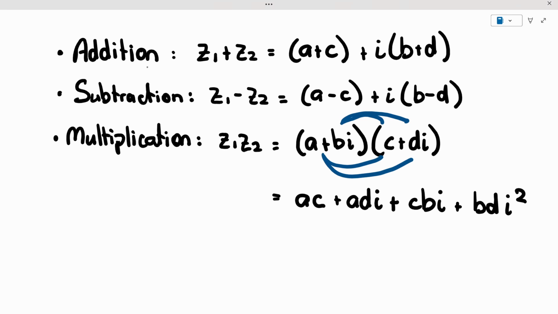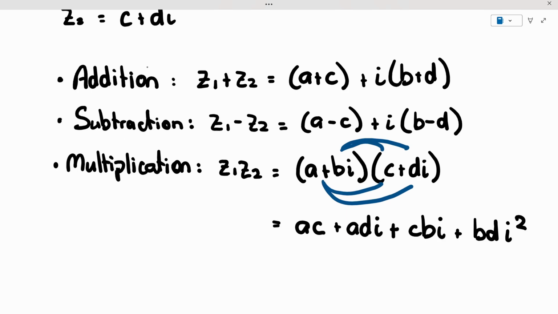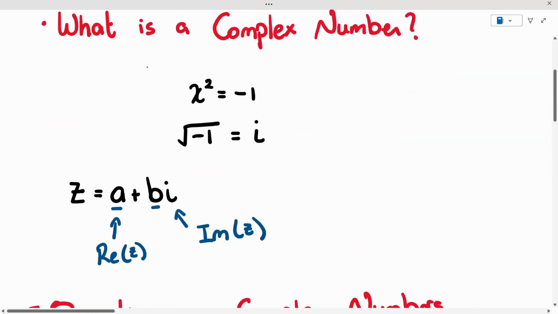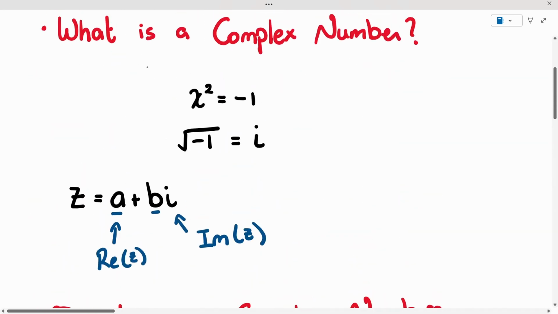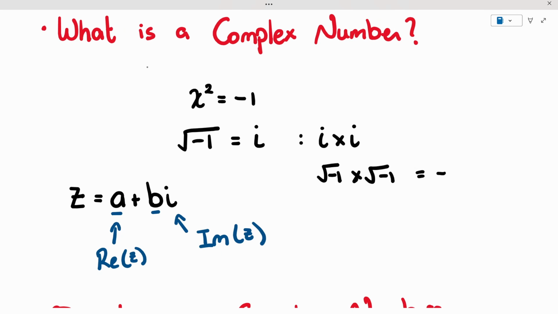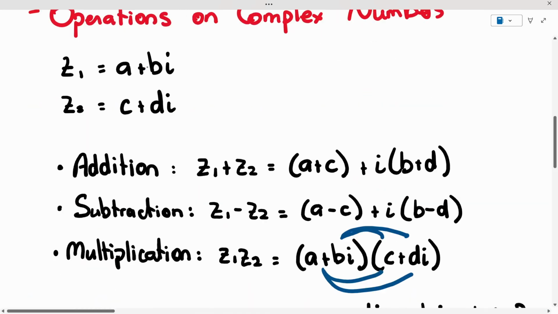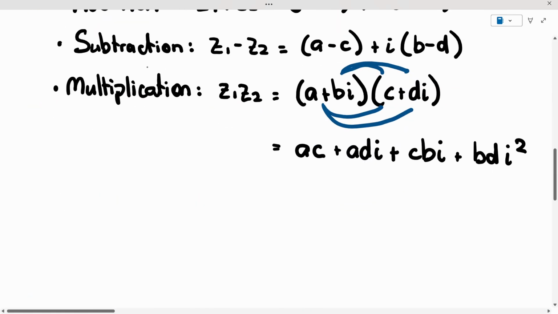Think about it like x, because x times x is x squared, i times i is i squared. But remember we said i is the square root of minus 1. So what is i times i, or i squared? It is the square root of minus 1 times the square root of minus 1, which is just minus 1. So we can simplify this one step further.